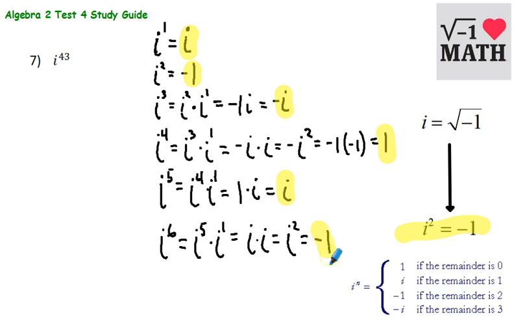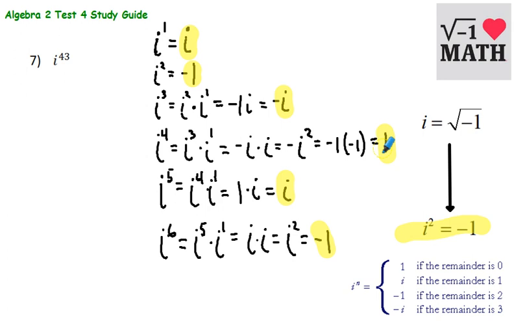So notice here what happened is that it went from i, -1, -i, 1, back to i, -1. So the pattern ends up repeating itself every 4. If it repeats itself every 4, then every multiple of 4 would be equal to 1. So for instance, i to the 8th would be equal to 1, i to the 12th, 16, 20, and so on. So here's a little cheat sheet down here just to take a look at it.